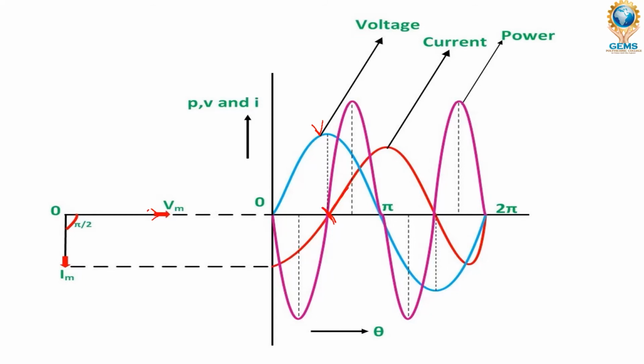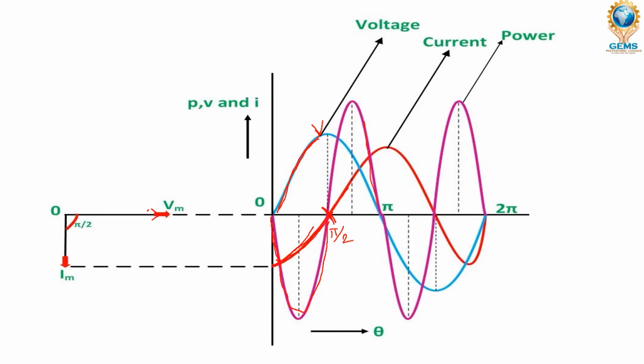Just for understanding, we drew the negative also. Before this it will be like this. If we see here, the voltage is positive, current is negative, sorry, it is downside. Voltage is rising, current is also rising but in negative. If we calculate power here, this is the power during pi by 2 to pi, the power will be like this.